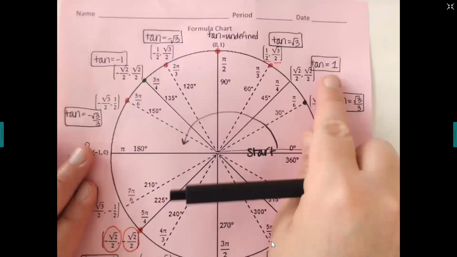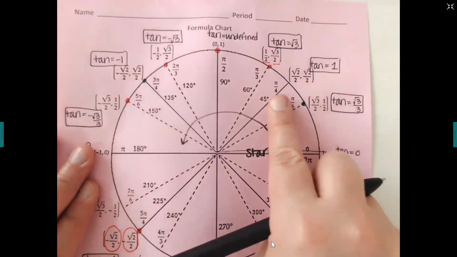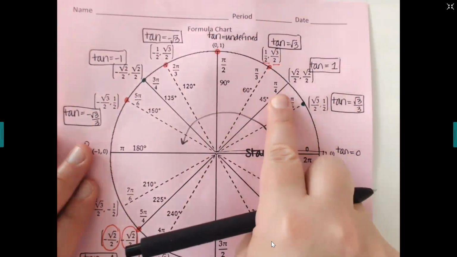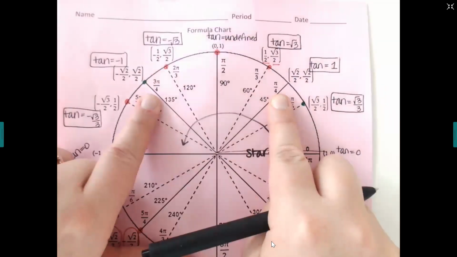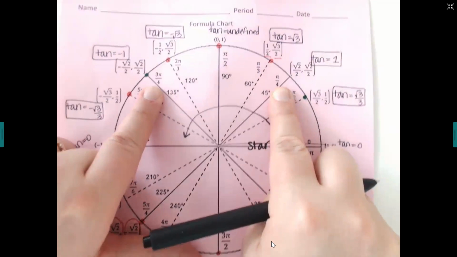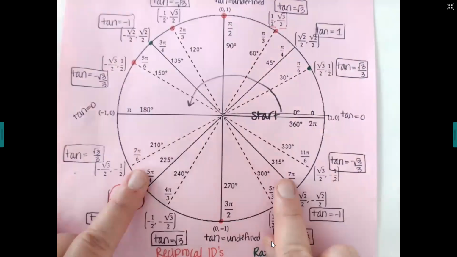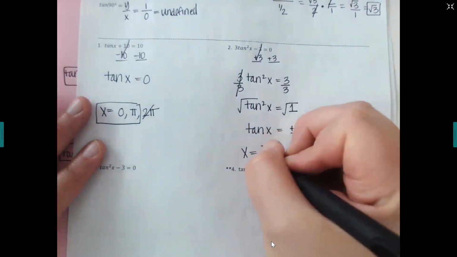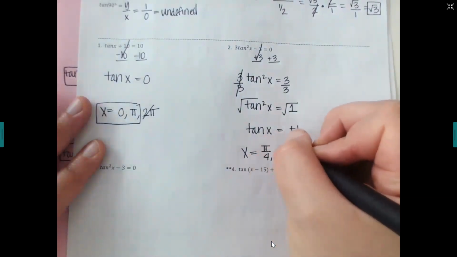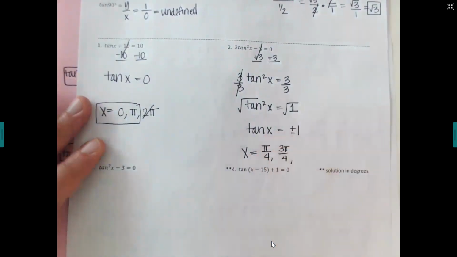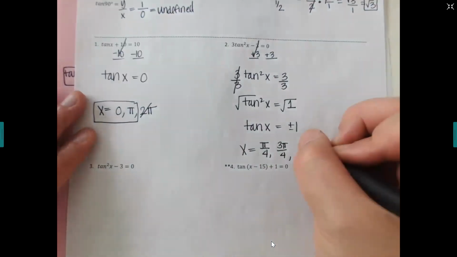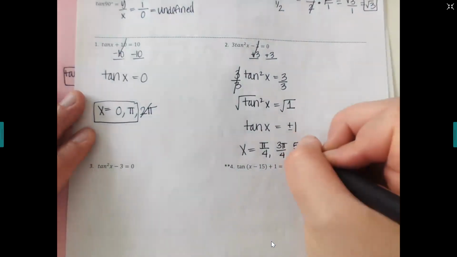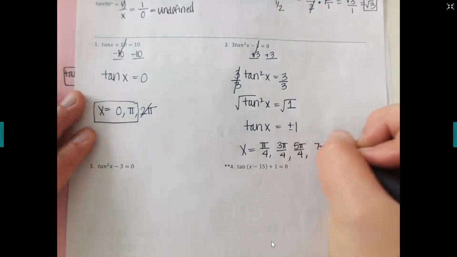I thought tan came out to 1 here. At 5 pi over 4, yeah? And then over here at 3 pi over 4, it came out to a negative 1. And then we have 2 at the bottom as well. So it'd be pi over 4, 3 pi over 4, 5 pi over 4, and 7 pi over 4.